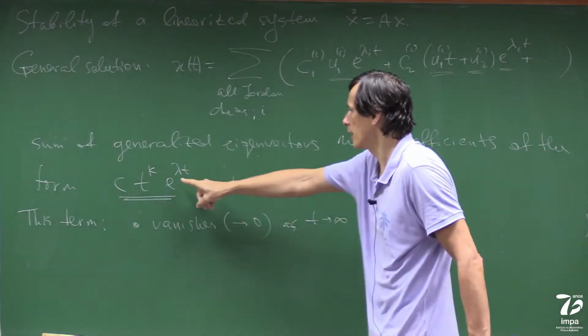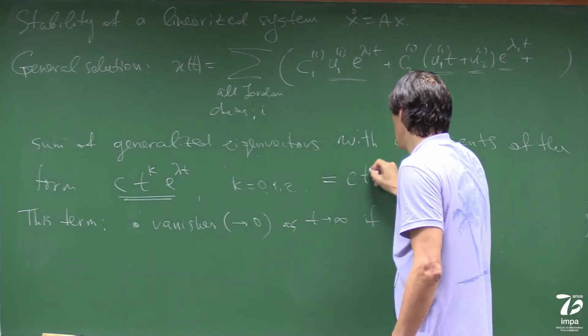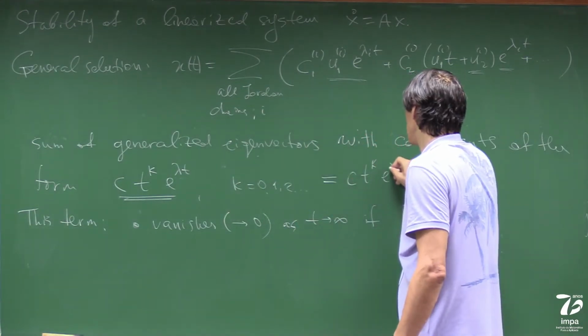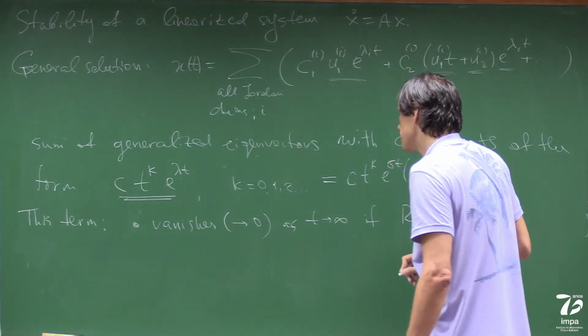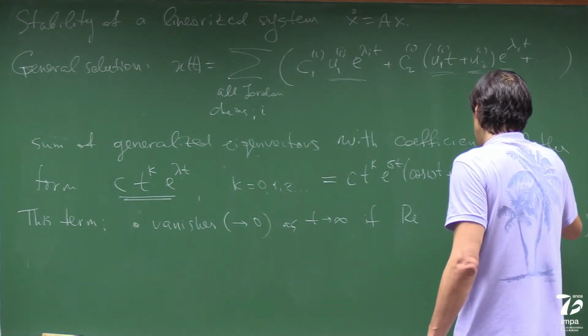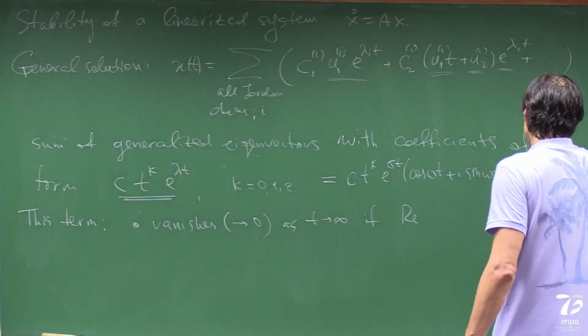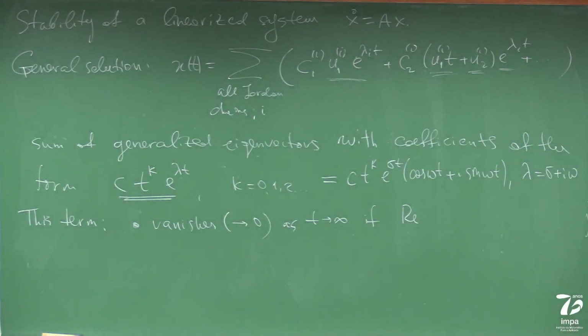Lambda is an eigenvalue which is complex, so this is t^k exponent sigma t, cosine omega t plus i sine omega t, where sigma is the real part and omega the complex part.